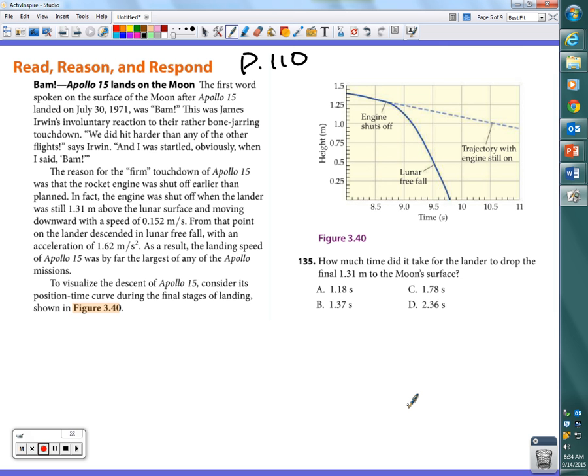Yeah. Right. So the reason that they picked this one for this problem is because it relates to the graphs, right? Okay. So here it says that Apollo 15 is coming down towards the moon at a nice steady rate, okay?